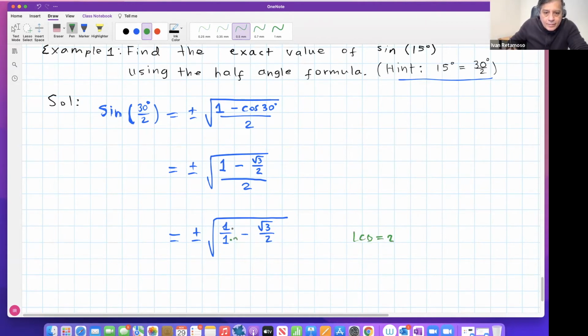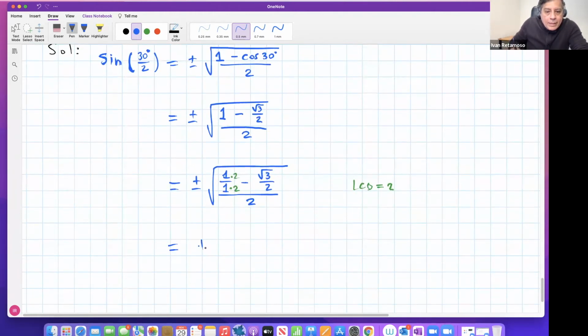So we multiply this by 2, and don't forget there is a 2 on the bottom. All right, plus minus what? This is going to be 2 minus a square root of 3 on the top, over 2, and this fraction divided by 2.